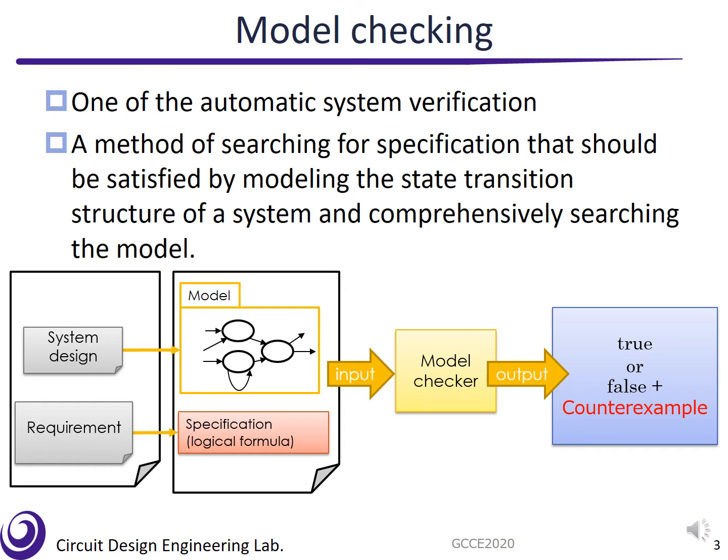In model checking, a model is created from the system design, and a specification is created from requirements. By inputting them to the model checker, if the model satisfies the specification, true is output, and if not, false and a counterexample are output.